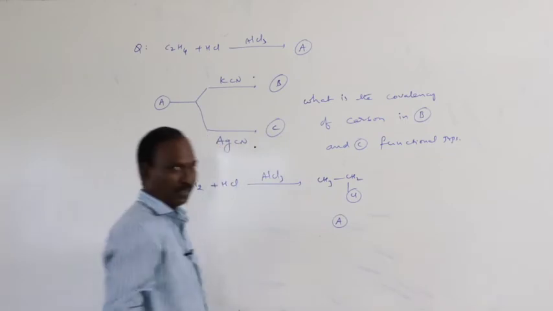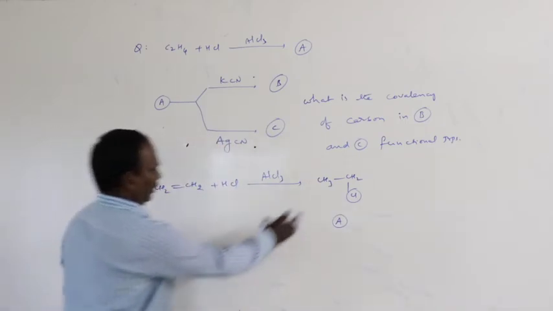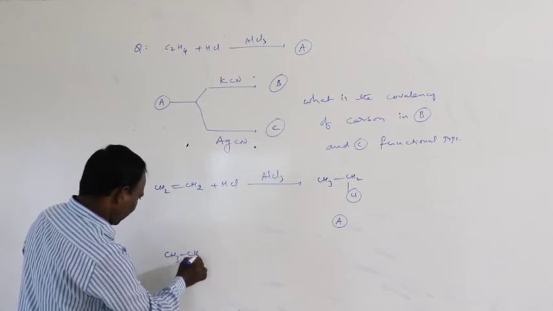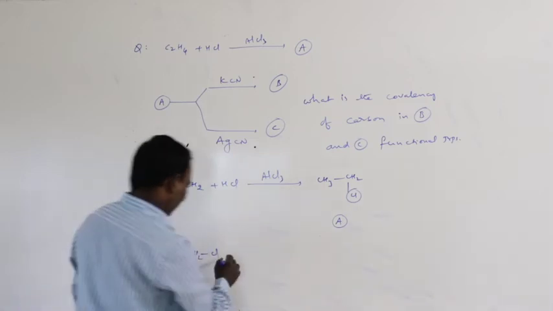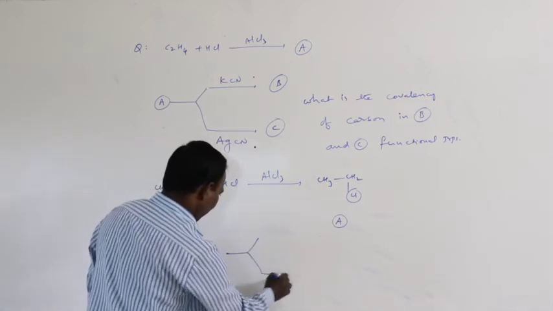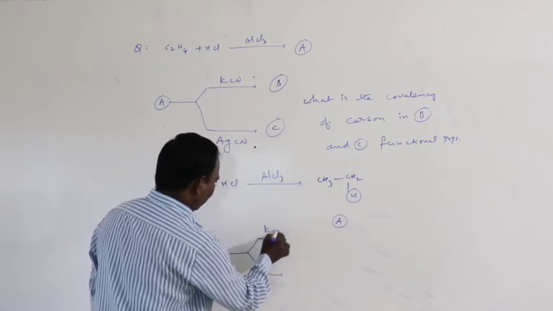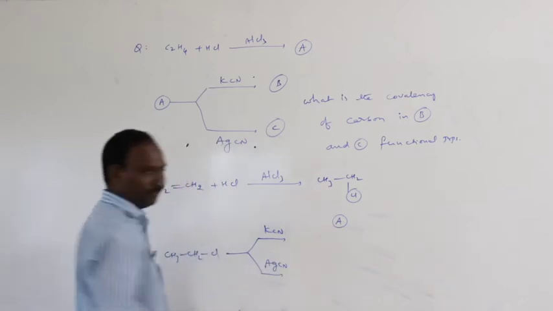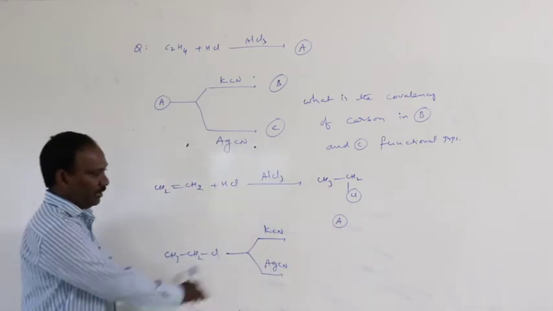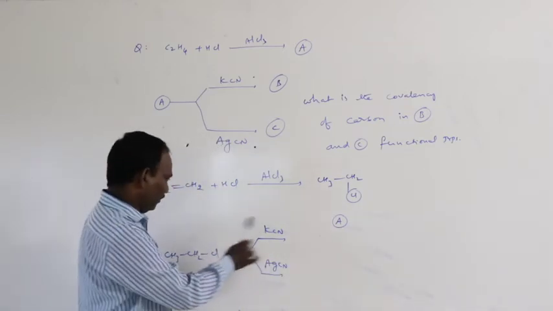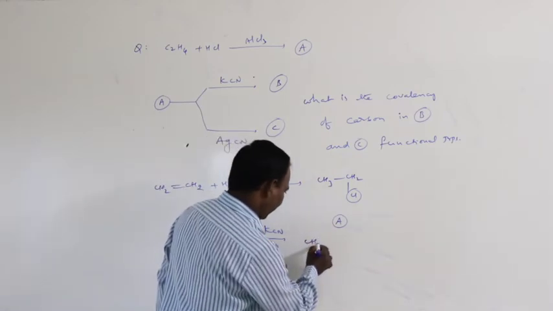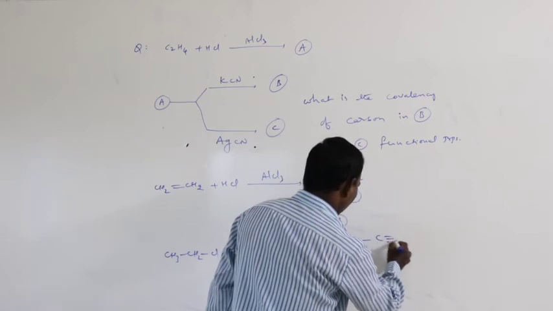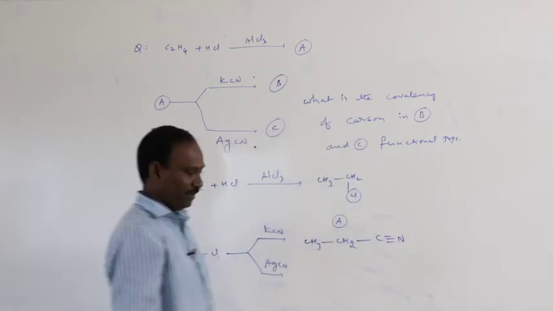It is compound A. Now this ethyl chloride on treatment with KCN and AgCN. Ethyl chloride reacts with potassium cyanide to form cyanide, CH3CH2C≡N.